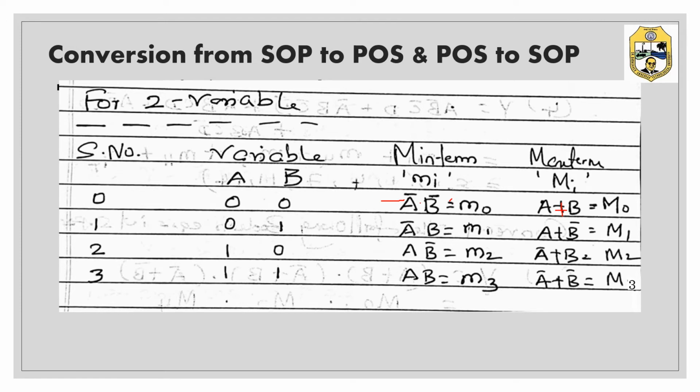For 0 1, for 0 we write A, plus for 1 it is written as B bar, indicated by M1. Then for 1 0 it is A bar plus B, equal to M2. For 1 1 it is A bar plus B bar, indicated by M3.